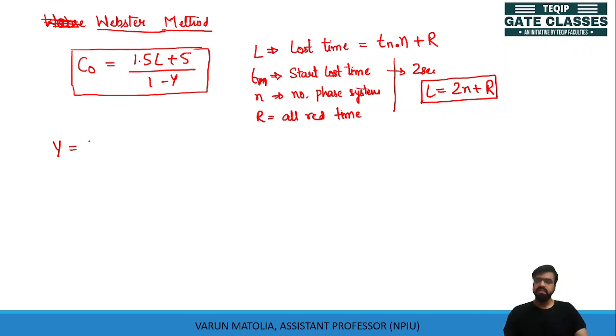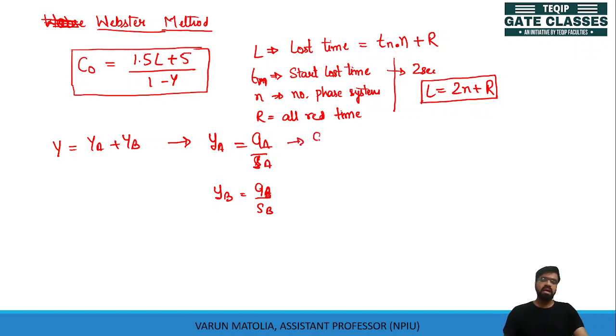So Y equals ya plus yb. Here ya equals qa by sa, and yb equals qb by sb.